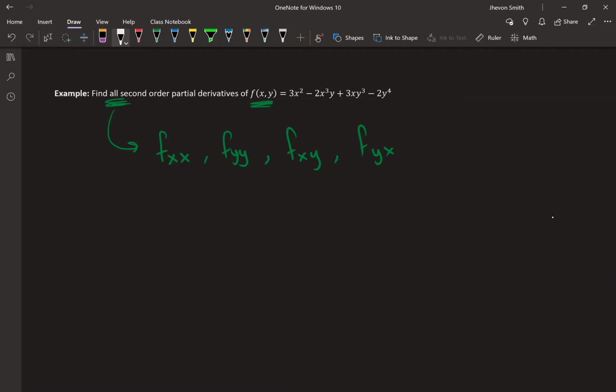With a two variable function, you'll have four possibilities. With three variables, it starts to go up by a lot.